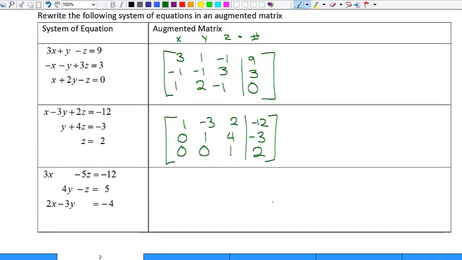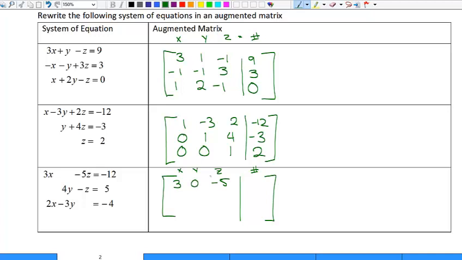On the last one, notice it's a little bit crazy here. I have still x, y, and z variables. Not every equation has all three, but they are all present, at least in all three equations. So in the first one, I have 3x, so I put a 3 in the x column, minus 5z, so I put a negative 5 on the z.